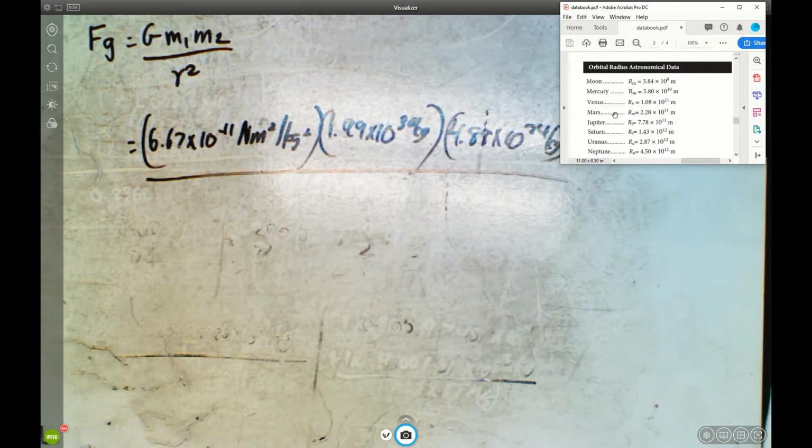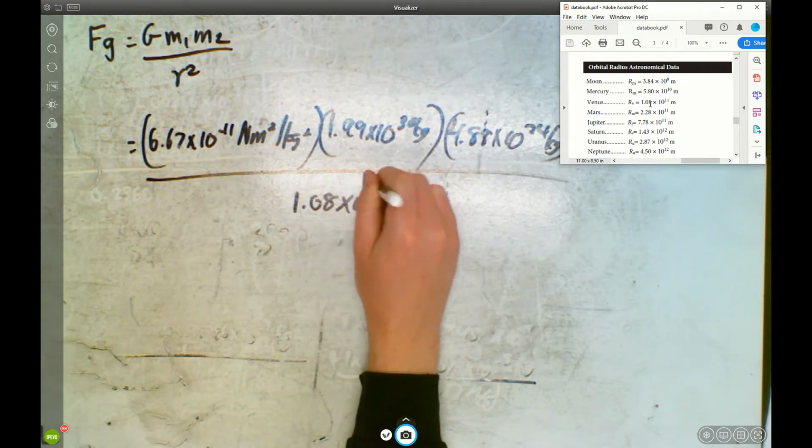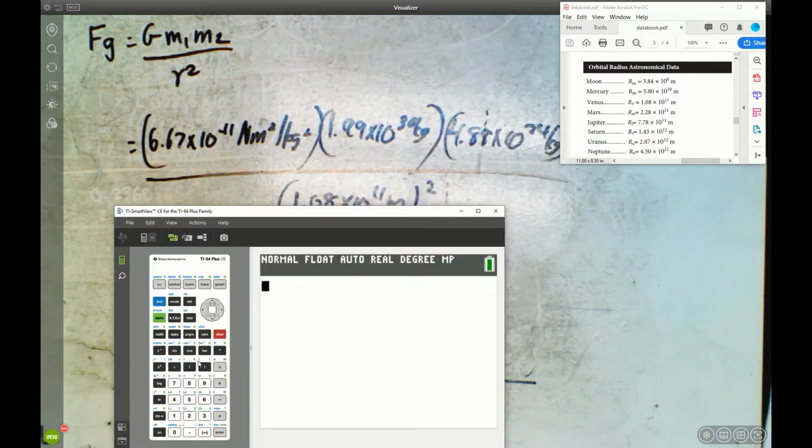So we need to know the distance between the sun and Venus, which is this. So 1.08 times 10 to the 11 meters squared. So I can type that all into my calculator.